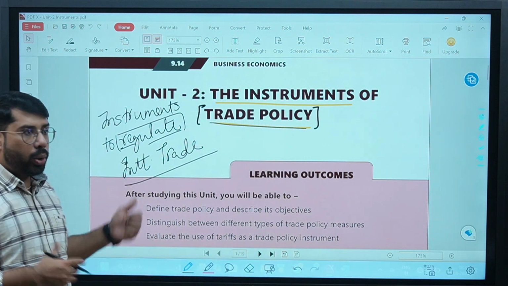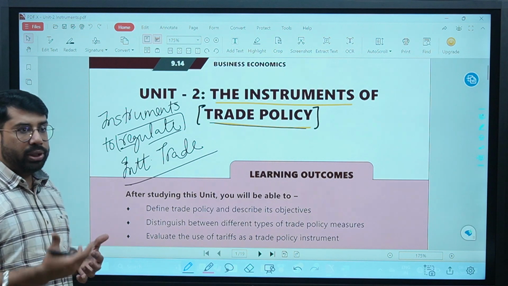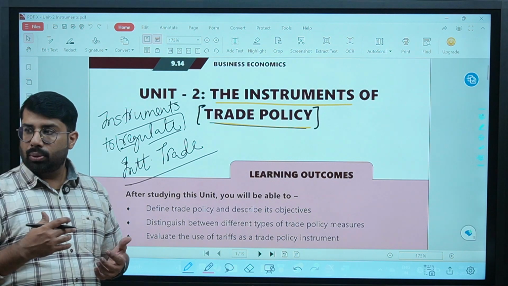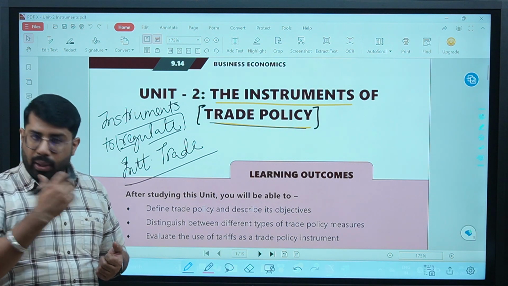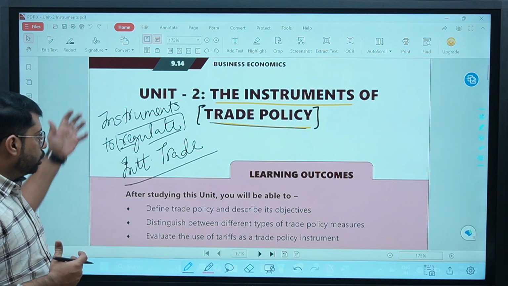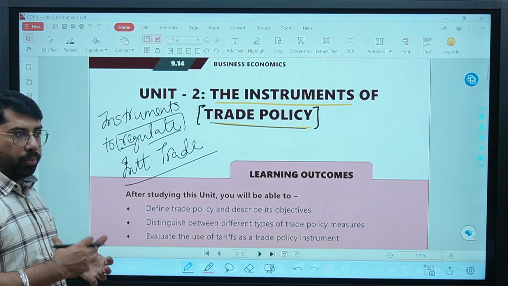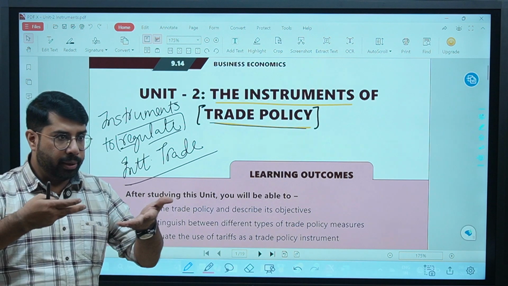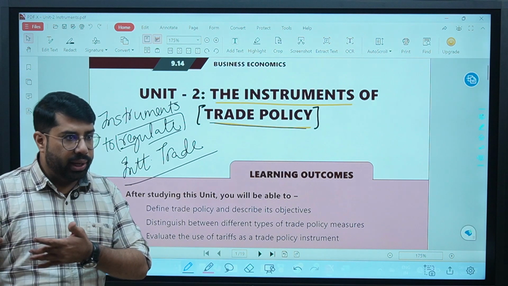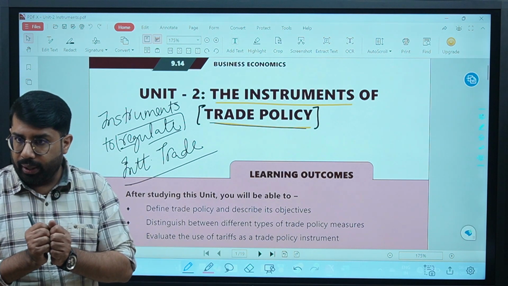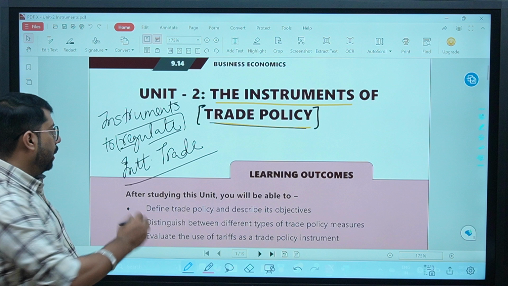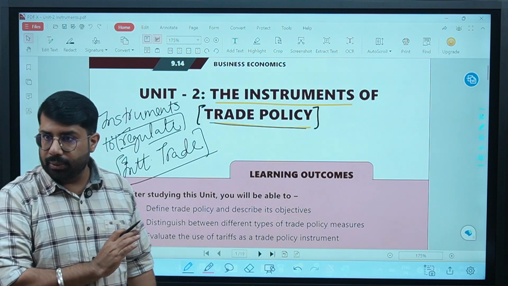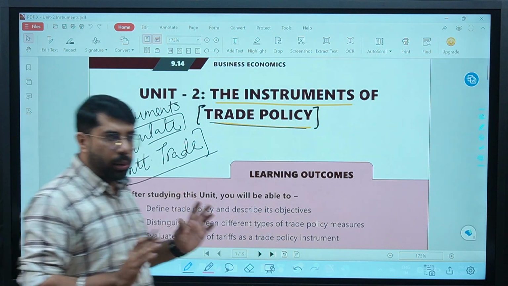So here we'll discuss what all instruments can be used to regulate the trade between two countries. Like if they have good relation, they will do more trading. If they don't have that good relation, they can control or regulate the trading. Okay, so this unit is all about regulation of international trade. Do we understand this part? Yes or no? Because everybody is clear what we are going to study, right?